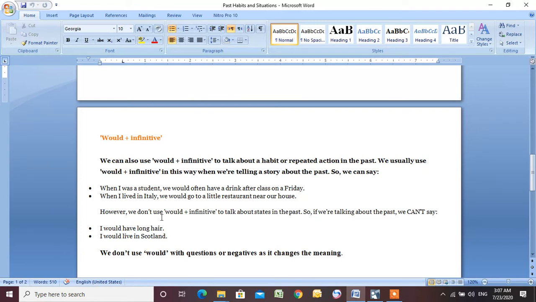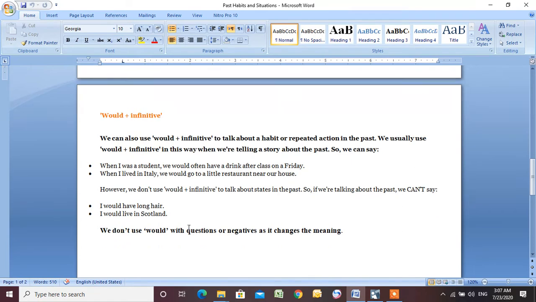However, we don't use would plus infinitive to talk about states in the past. So if we are talking about the past, we cannot say I would have long hair or I would live in Scotland. So I can only use would plus infinitive when I talk about habits or repeated actions.